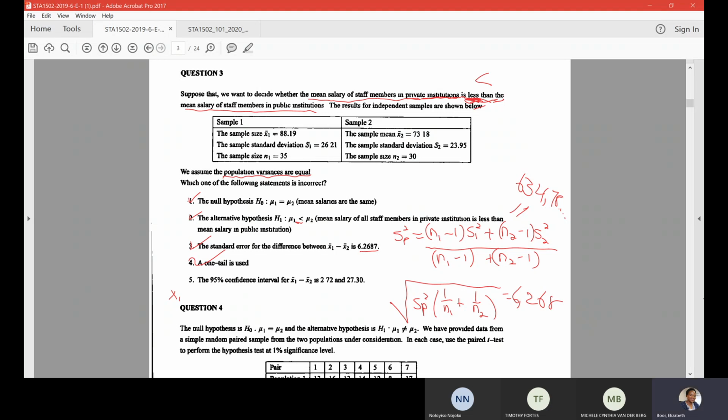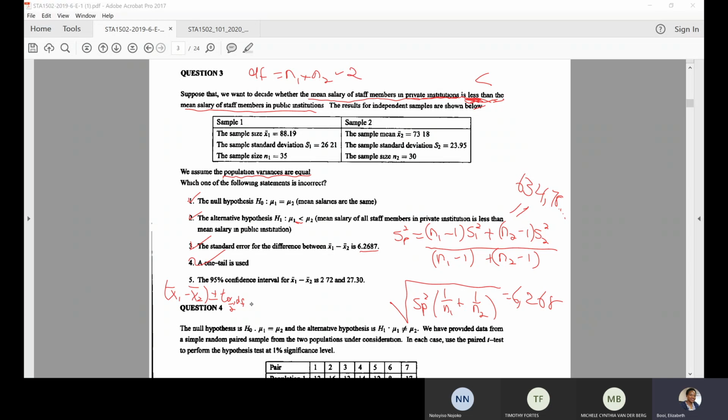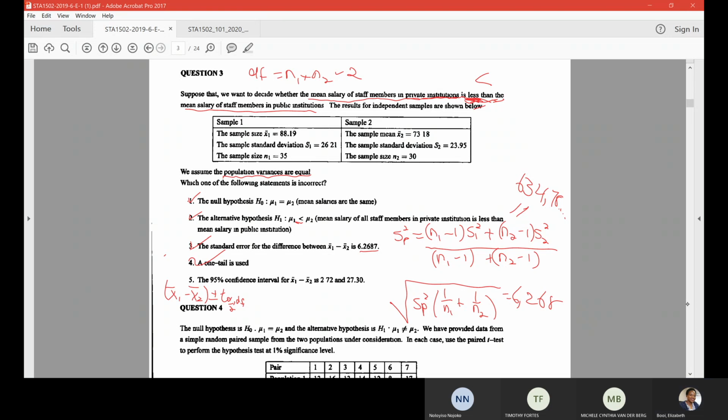So mean 1 minus mean 2 plus or minus t alpha divided by 2 with the degrees of freedom, and we know that the degrees of freedom is n1 plus n2 minus 2, times the standard error, which is the square root of your pooled variance times 1 over n1 plus 1 over n2.